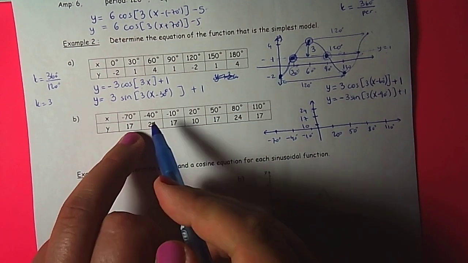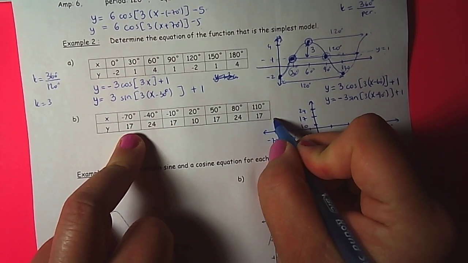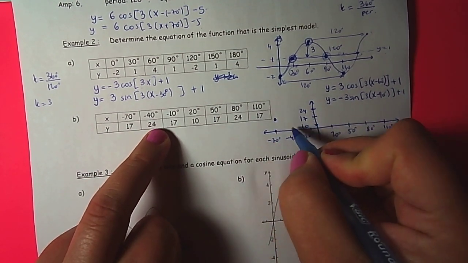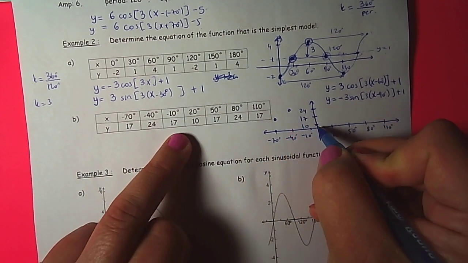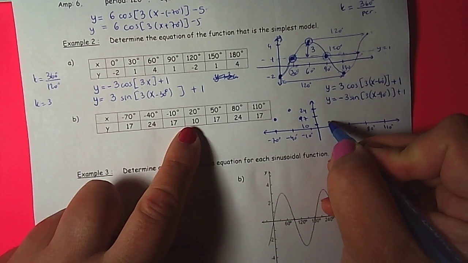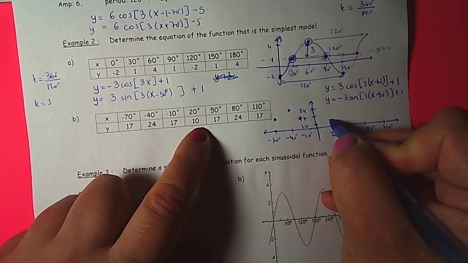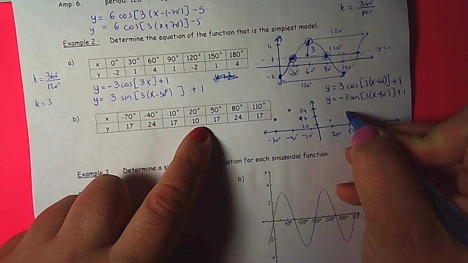Okay, so let's put those points: negative 70 and 17, negative 40 and 24, negative 10 and 17, 20 and 10, and 50 and 17.